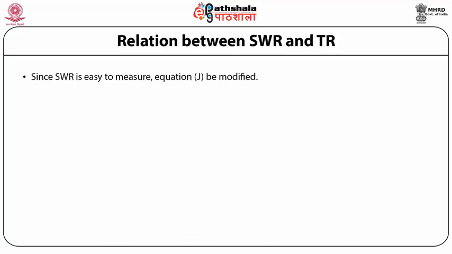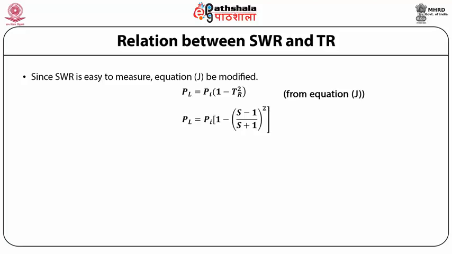Since SWR is easy to measure, the equation can be modified: PL equal to PI multiplied by 1 minus gamma R square, modified to PL equal to PI multiplied by 1 minus (S minus 1 divided by S plus 1) to the power 2. And PL is equal to PI multiplied by 4S by (S plus 1) to the power 2.